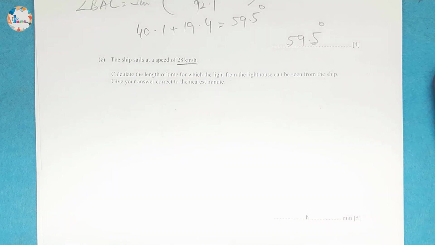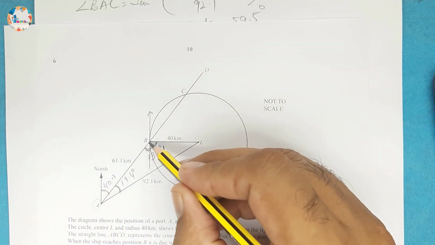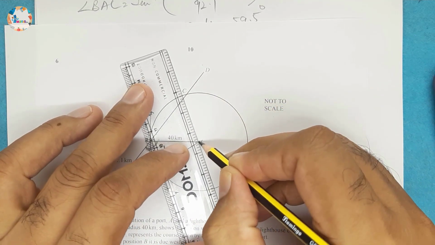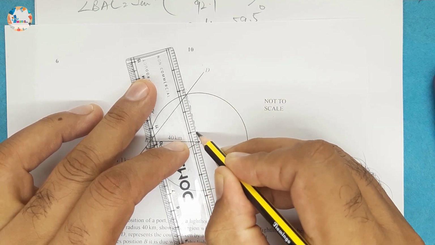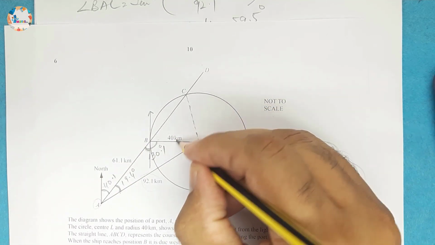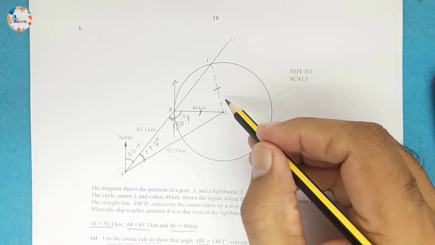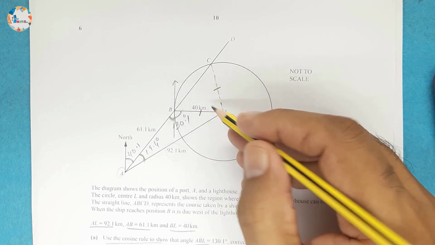So we will consider this triangle, and before this we can join this with a dotted line. I'm joining this construction. So this is equal to this one because both are the radii of the circle, and we can consider BCL.